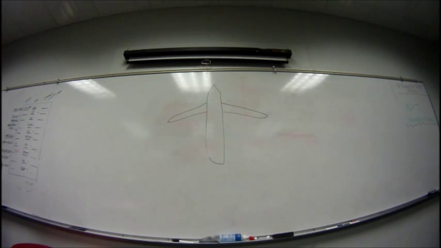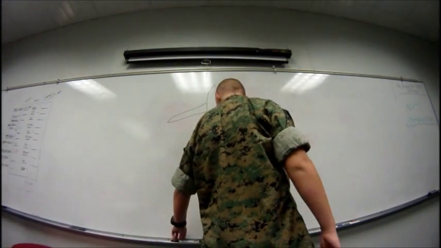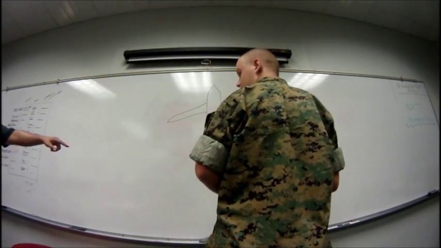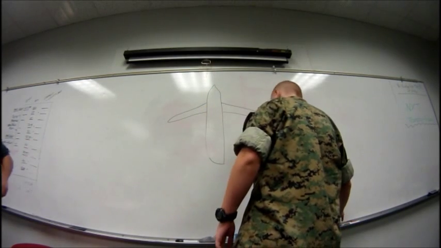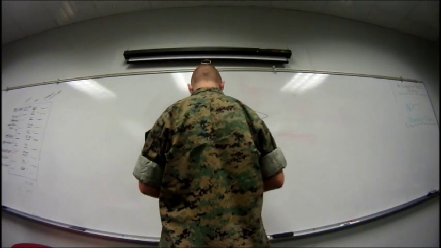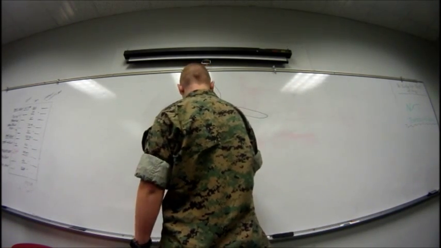Okay, come on up. Go ahead and draw the bottom part of the airplane, or the back part, the empennage. And you know what? Let's use a different color. Let's go ahead and use one of those reds right there. Let's use different colors to differentiate different parts of the aircraft.